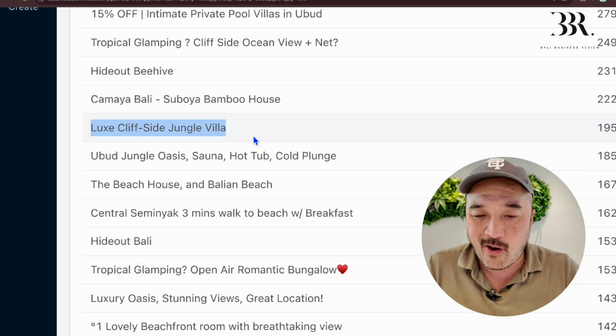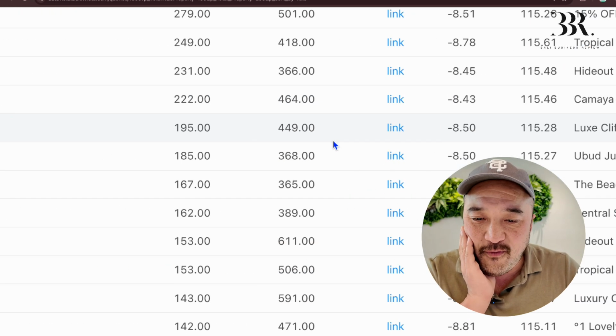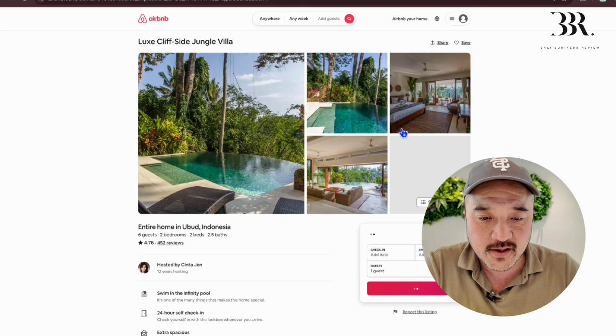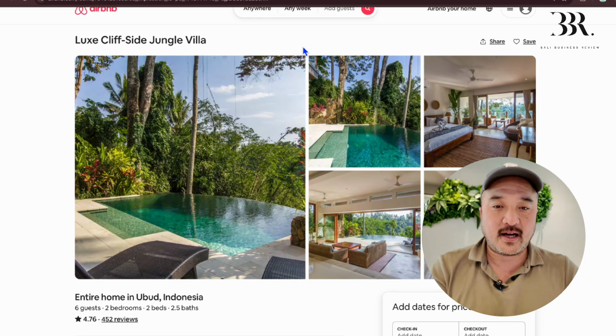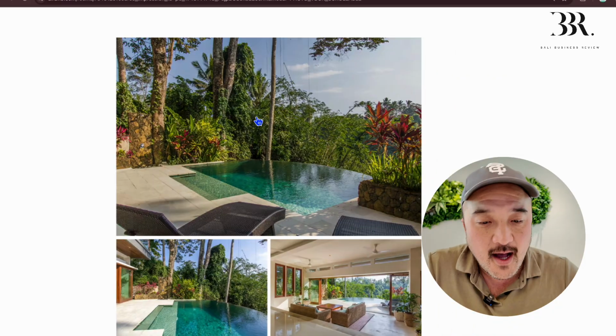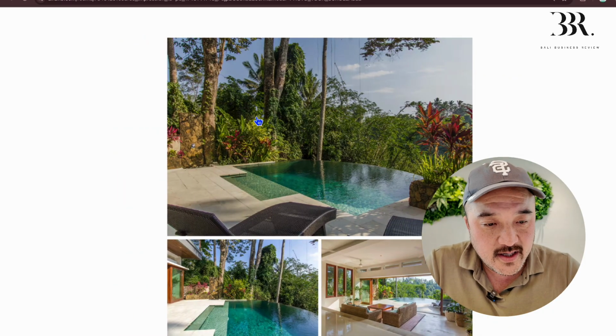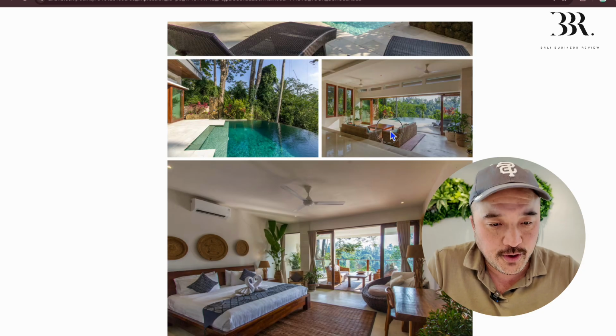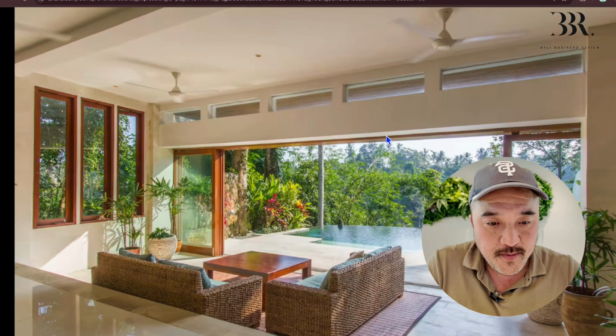I want to go for one more. Okay, let's go for this one, the Lux Cliffside Jungle Villa, $195 with 449 reviews. Let's open that up. Oh, look at this. This property is a far more common design: infinity edge pool overlooking the Ubud jungle side.